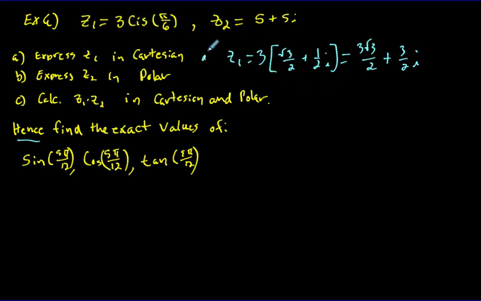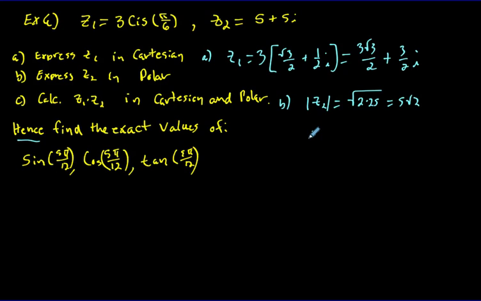Now, that's A. Now B asks us to do z2 in polar, right? First, I'll find the modulus, and that's going to be the square root of 25 plus 25, or 2 times 25, which is 5 root 2. Now I know my modulus.